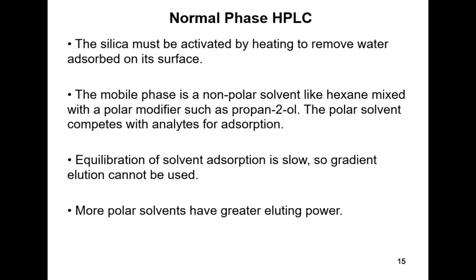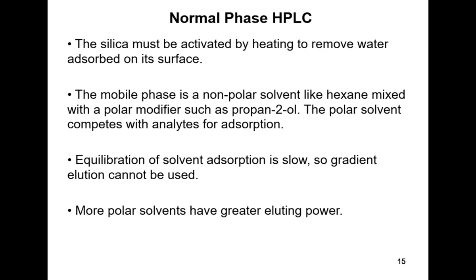So we're mostly using a non-polar solvent so that we have this strong difference between the non-polar mobile phase and the polar silica surface. But we use a small amount of a polar solvent as well.